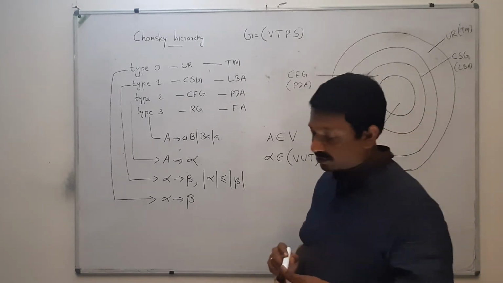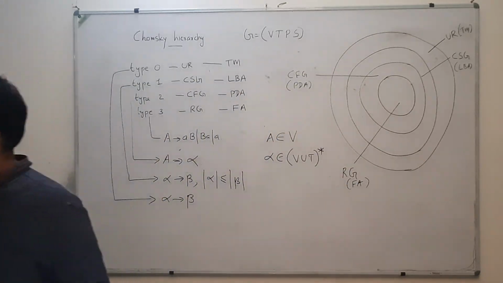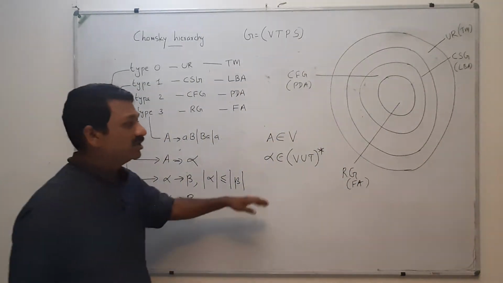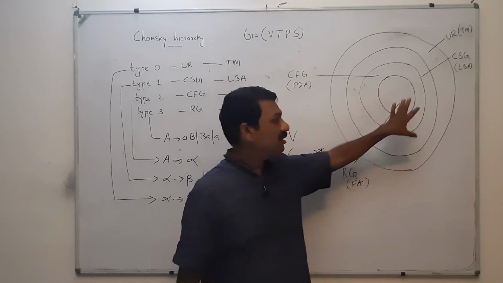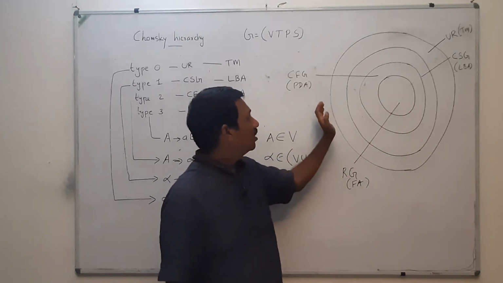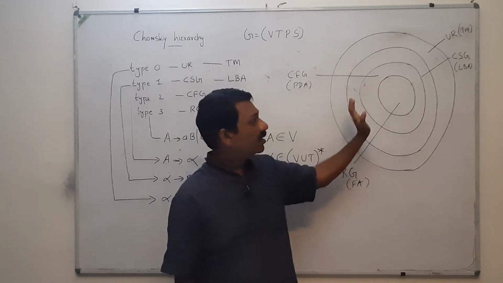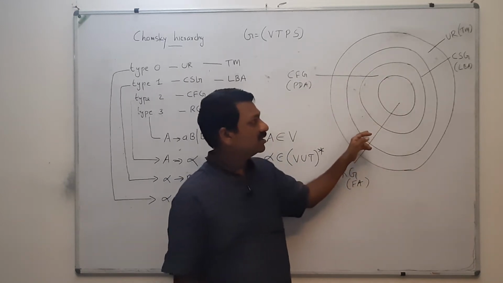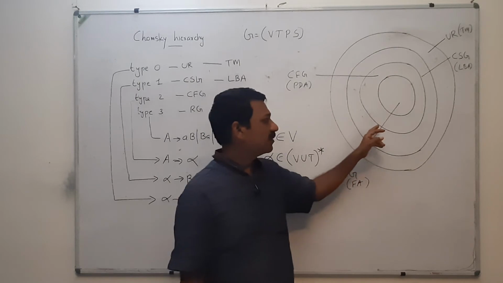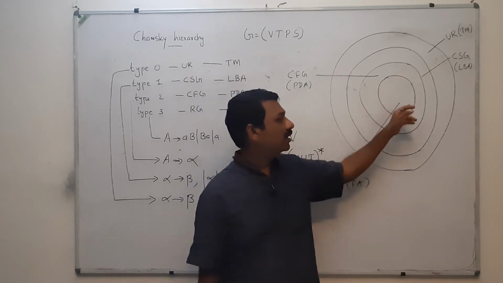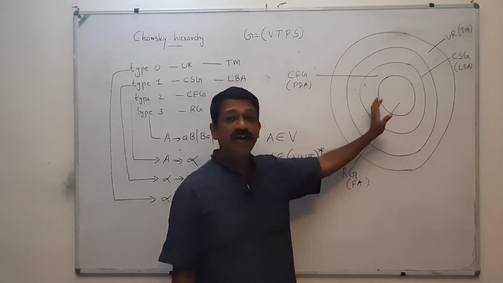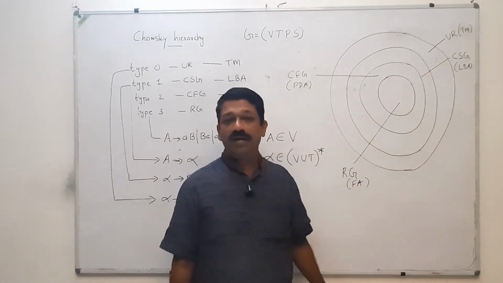So this is the Chomsky hierarchy, and as far as theory of computation is concerned, this is very important. The superset is unrestricted grammar, its subset is context sensitive grammar, context free grammar is a subset of that, and finally the regular set. That means the most refined form of grammar is regular grammar.